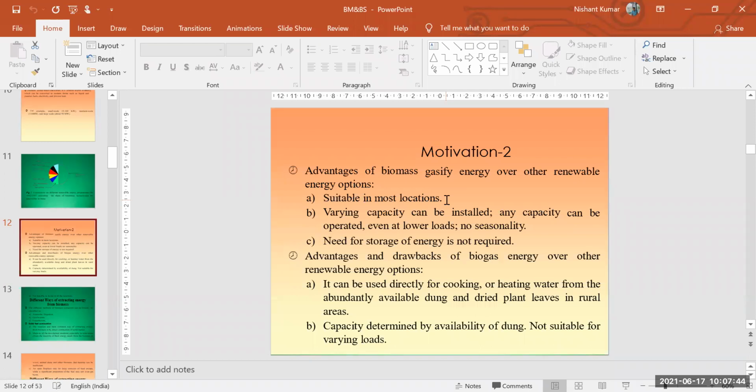Everywhere there are sabji mandis, what we call, which are placed in every location, so a lot of waste is also being created on that particular day. Collecting all those wastes, it is being used for generation. So these are the very advantageous things, these biomass plants or biogas plants.